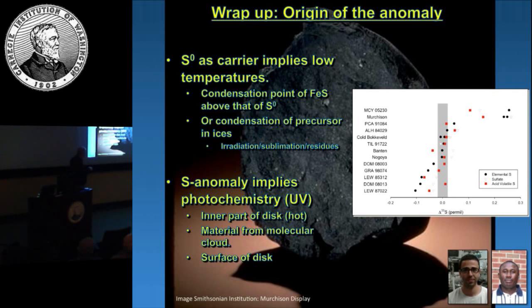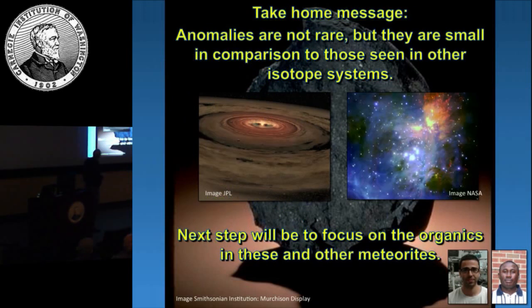I would think that the homogenization in the formation, processing of materials before formation of these things probably makes this a difficult suggestion, but that could be wrong. And the preferred hypothesis is that it probably comes from somewhere near the surface of the disk and then is recycled down in.